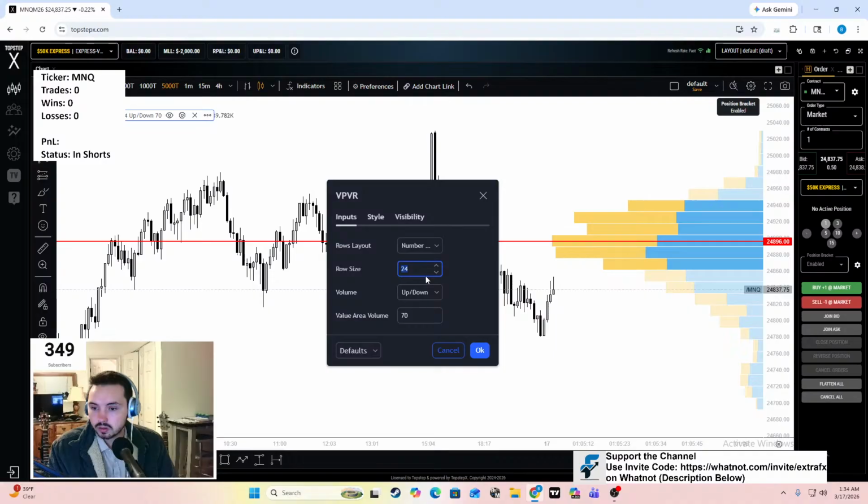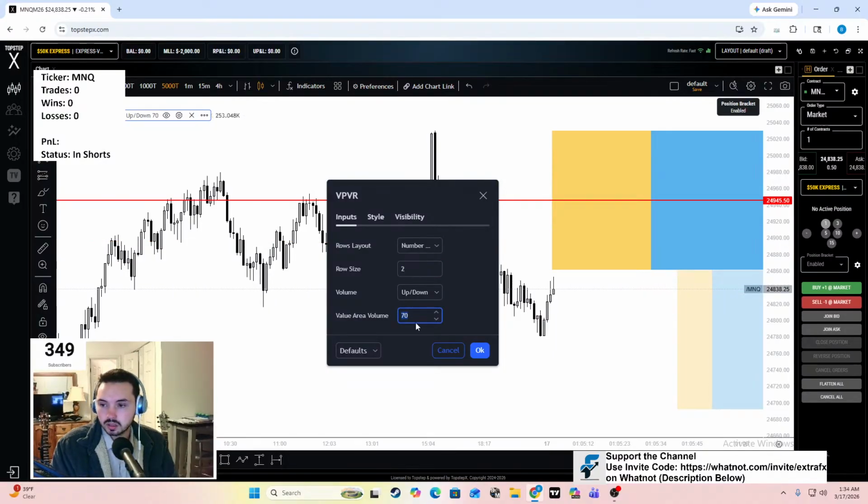I want row size to be how many minutes in a day? 60. And the market's open for about 6 hours and 30 minutes. So 390. I want 390 rows.